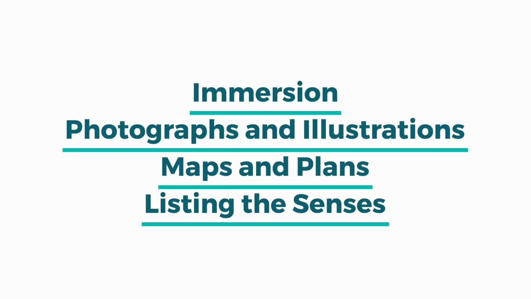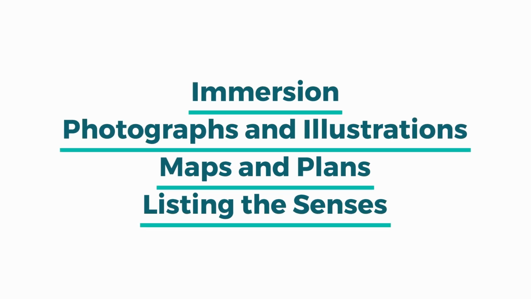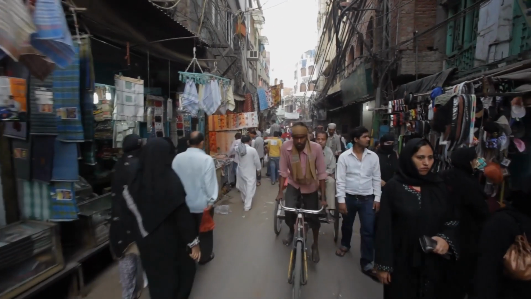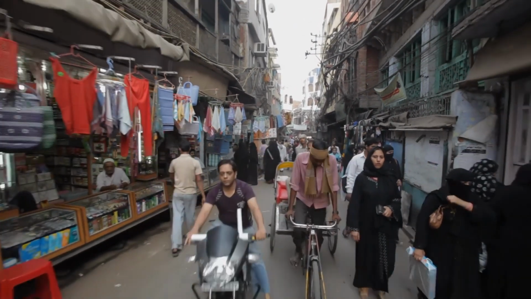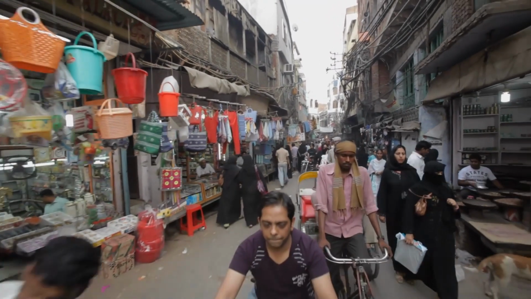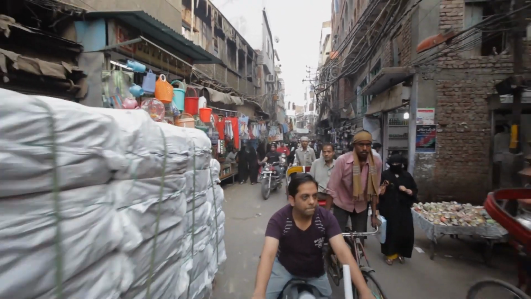First, we'll look at the following methods for developing locations: immersion, photographs and illustrations, maps and plans, and listing the senses. Immersion. In an ideal world, we'd all be able to fully immerse ourselves in our settings. Experiencing a place firsthand is by far the best way to enable you to capture its spirit in an authentic way.